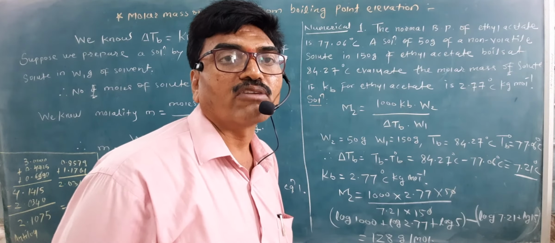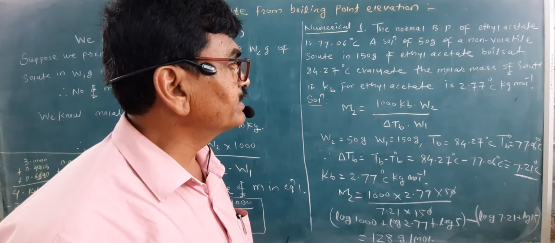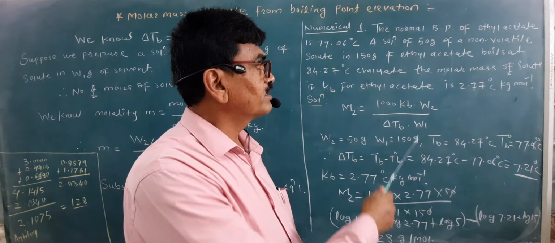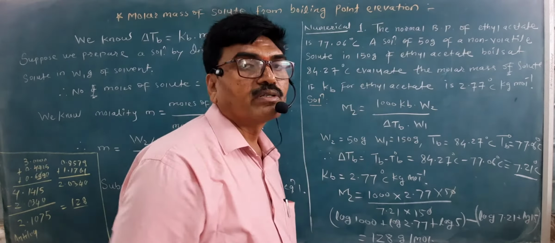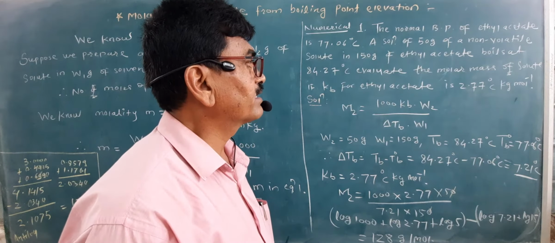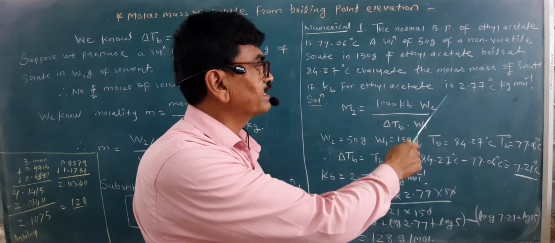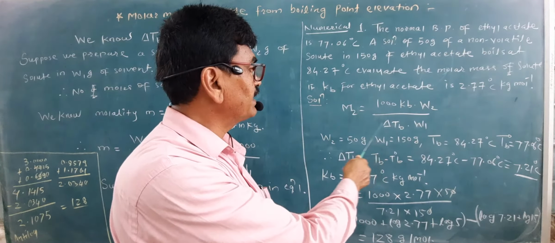Both these terms are calculated by differentiating, that is, the difference between two quantities, and that's why it doesn't matter. We just have to use it in degree centigrade or in Kelvin. So we will keep it as it is here.